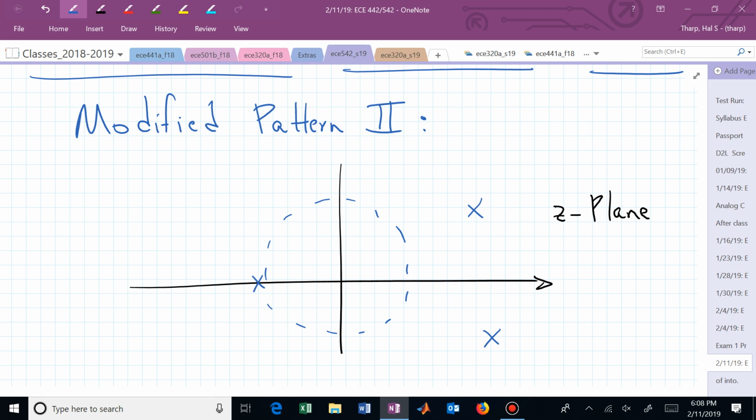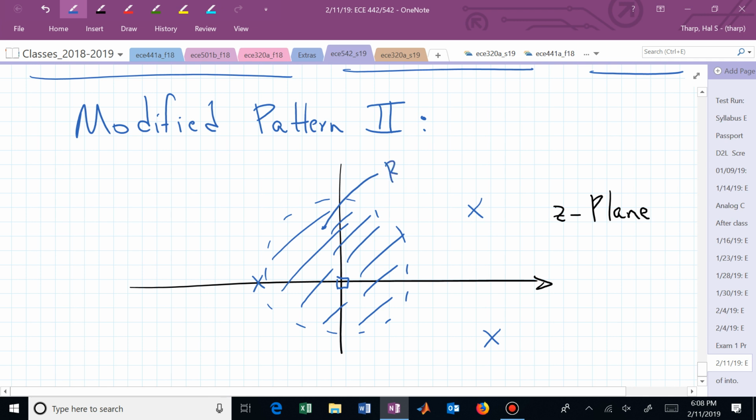What's the extreme location in the region of convergence for pattern number 2? The origin. So now let me cut this piece out, and everything else is allowed. The region of convergence is still this disk interior to all the poles, except now we've eliminated the origin from that pattern.